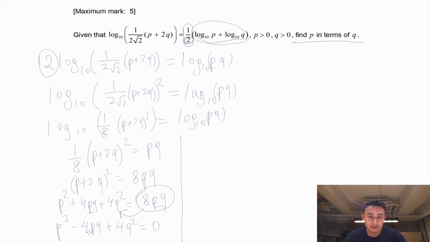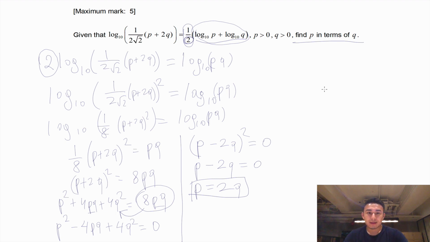Okay, we can factorize this last equation as (p minus 2q) squared is equal to 0. And after that, we have p minus 2q is equal to 0. And so, which means p is equal to 2q. Alright, is it clear? If it's not, let me know down below in the comments if I can elaborate.